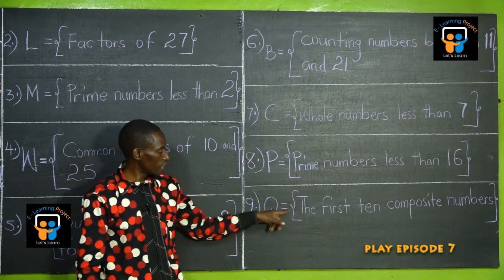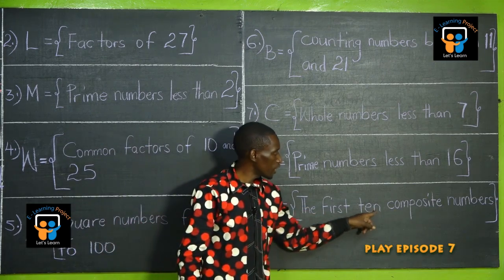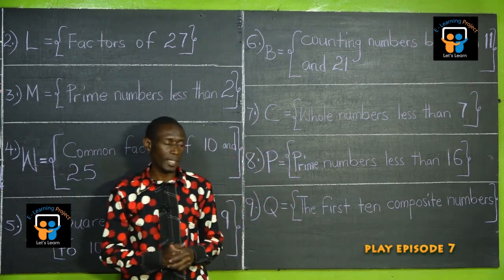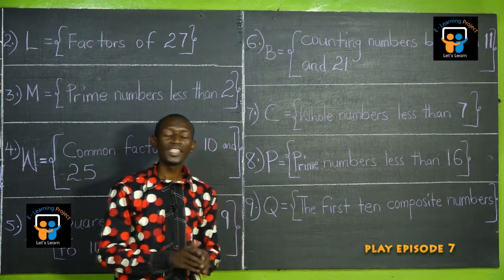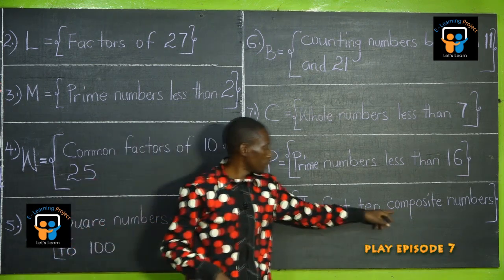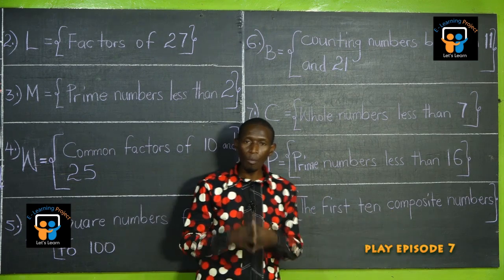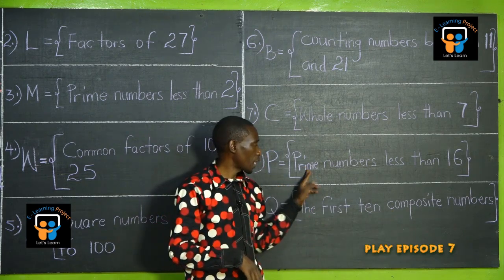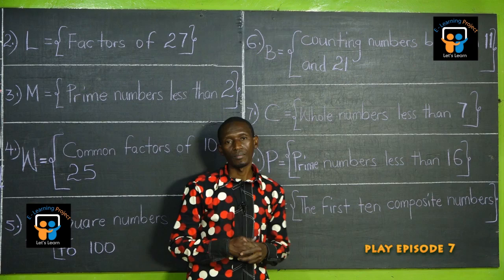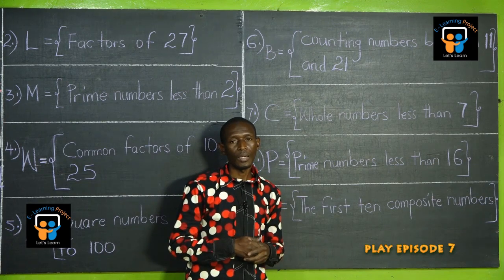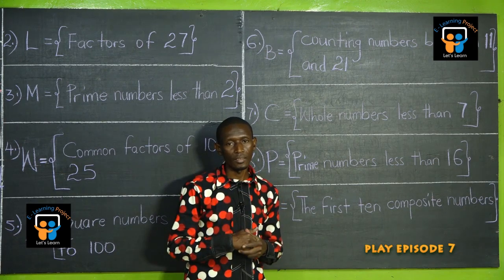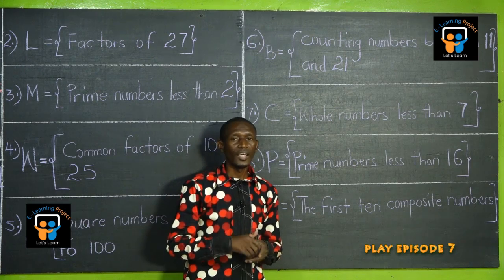You come to the last set. It is the first 10 composite numbers. The composite numbers are the opposite of the prime numbers, apart from 1.